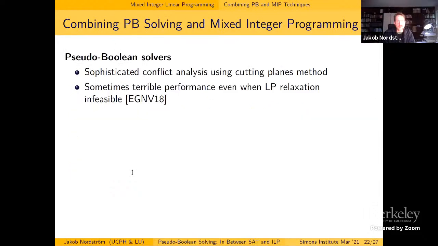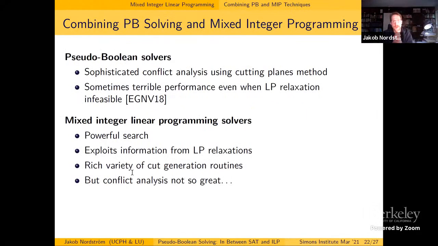Okay, so if you compare to pseudo-Boolean solvers, pseudo-Boolean solvers have really good conflict analysis. But as I already mentioned, they are not great. Even on some problems where the LP relaxation is infeasible, they'll still run forever.